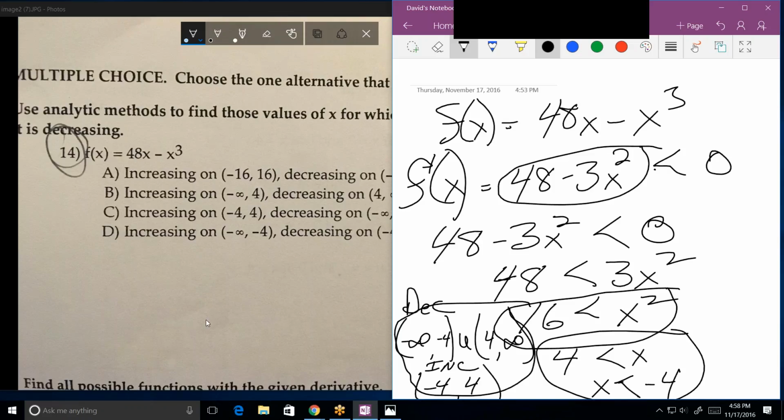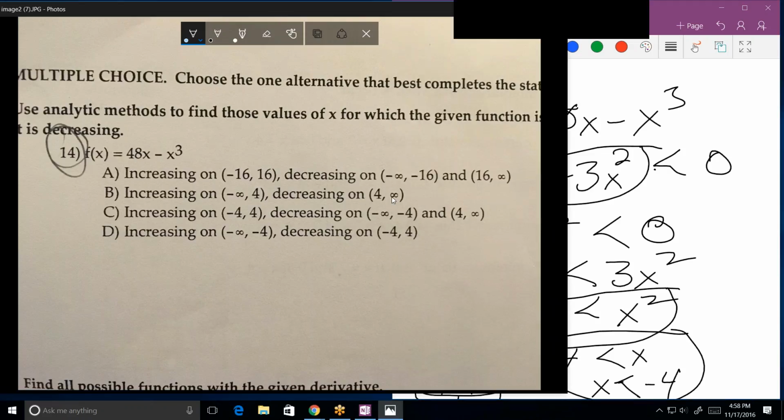So yeah, it's increasing from negative 4 to 4, and it's decreasing elsewhere, like I said there. And you'll notice that it's parentheses around everything, because at negative 4, it's neither decreasing nor increasing. Same thing with 4.